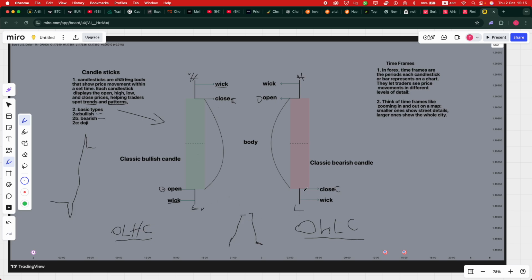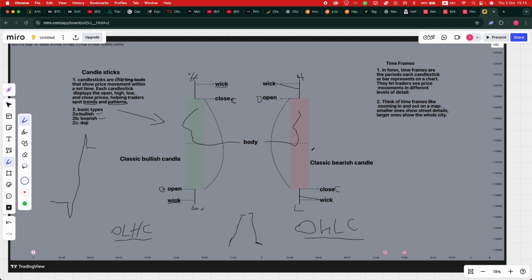Now, you understand what I mean by the open, the high, the low, and the close. And then you understand what I mean by this as the body, this as the body, and this as the wick, this as the wick. I explain more of that later.